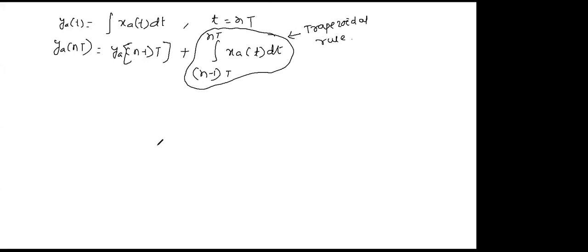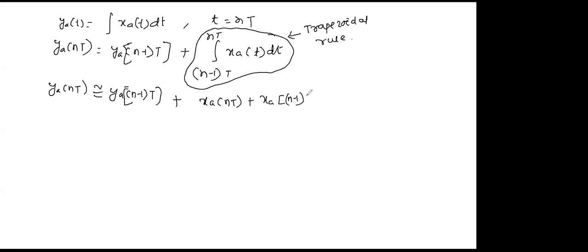Then you can write ya(nT) equals ya((n-1)T) plus the average of xa(nT) plus xa((n-1)T), whole multiplied with the sampling period T. This is the trapezoidal rule.